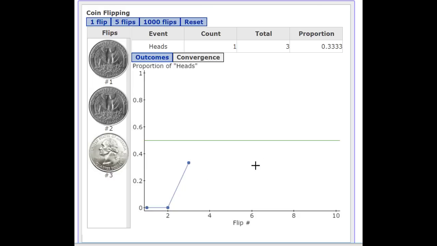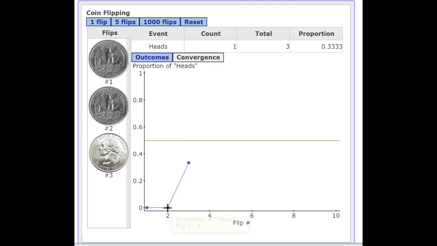Okay, so now let's take a look at this over here. This is a running count of the proportions that are resulting as we flip the coin. At this point, we can see that we got 0 heads with 1 flip. So the probability of getting heads is 0 at that point.